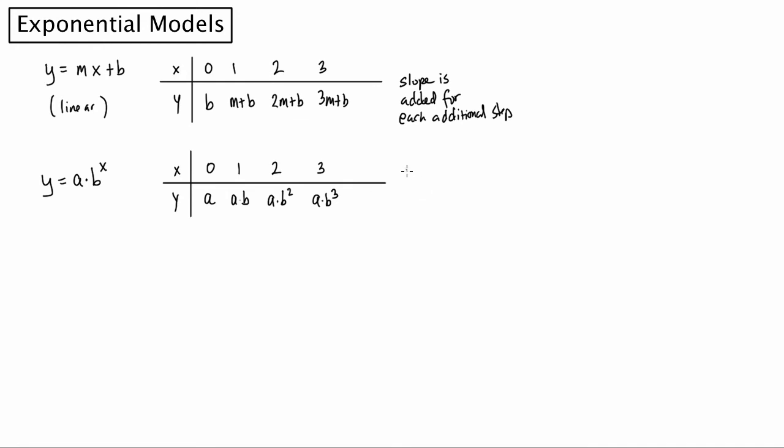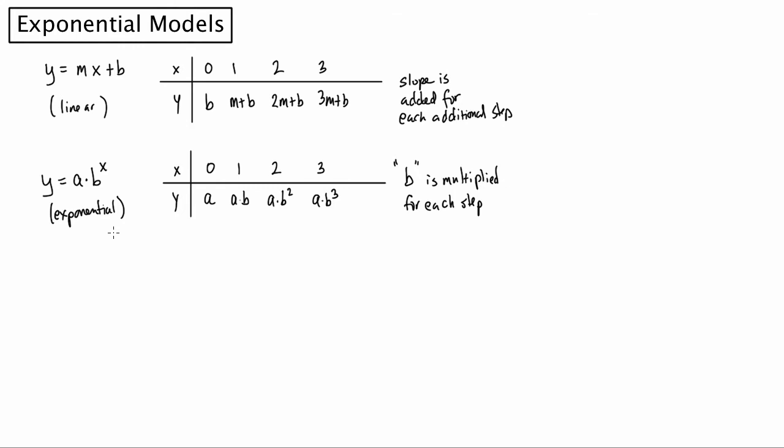So the value b is multiplied for each step. So the idea is you're increasing the size based on the previous size. Here, you're increasing the size based on a constant amount. That's the difference between linear and exponential. Exponential increases depend on the previous size of the value y, whereas linear functions only increase based on the value m, which has nothing to do with how big y is.